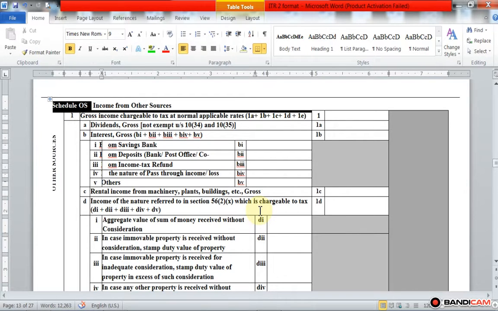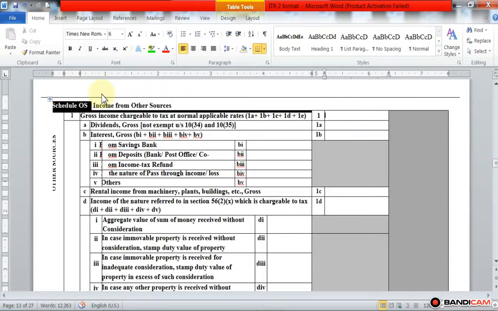Income from other sources includes gross income chargeable to tax at normal applicable rate. So other source of income is given, then we put the value in front of gross income chargeable to tax at the normal applicable rate of the Income Tax Act 1961.